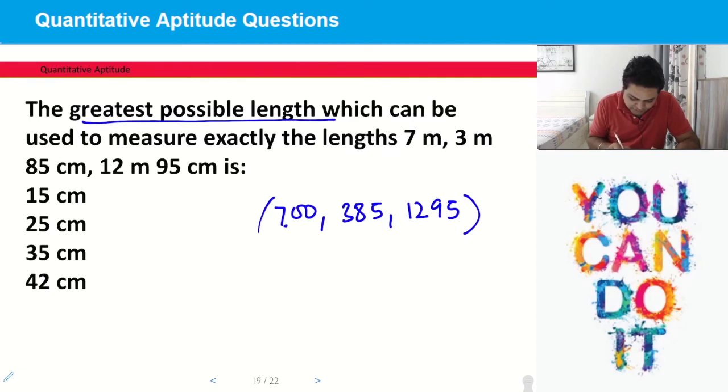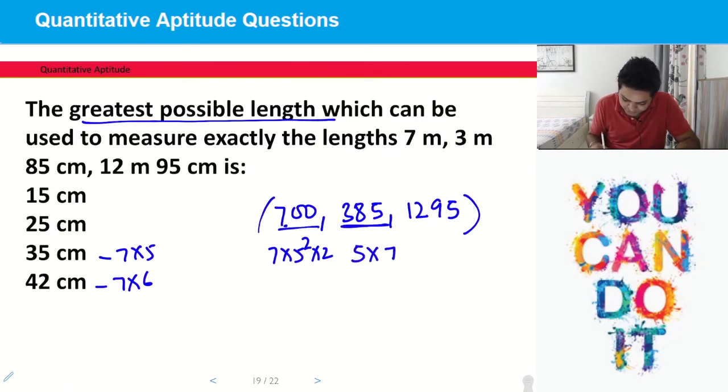Now 35 and 42 are 7 into 5 and 7 into 6. Here we can see that 700 is 7 into 5 square into 2^2. What about 385? It is 5 into 7 into 11, that is 5 into 7 is 35, and 35 into 11 is 385.